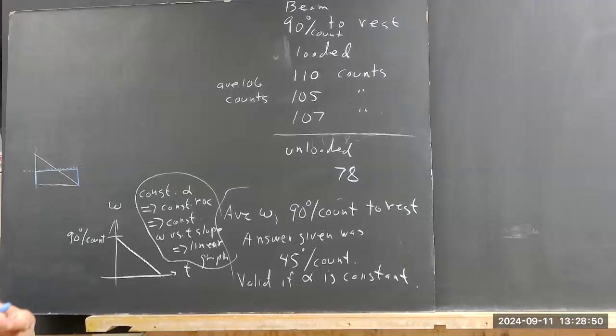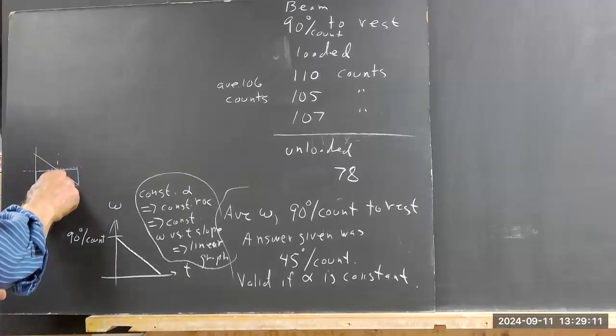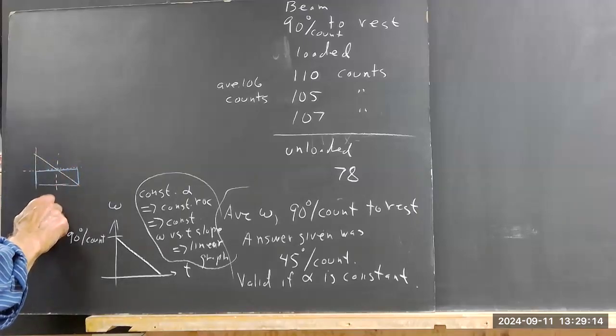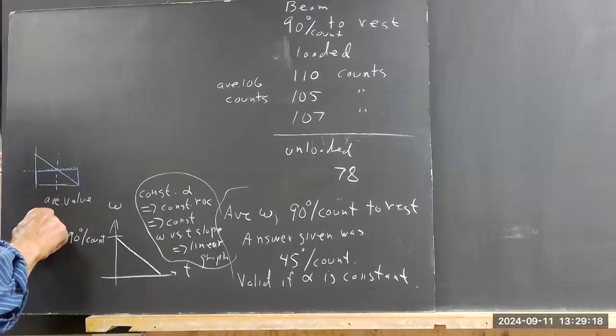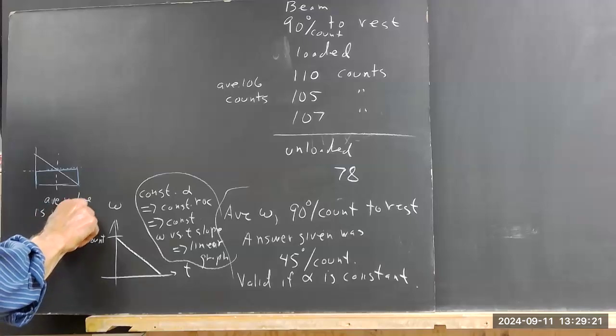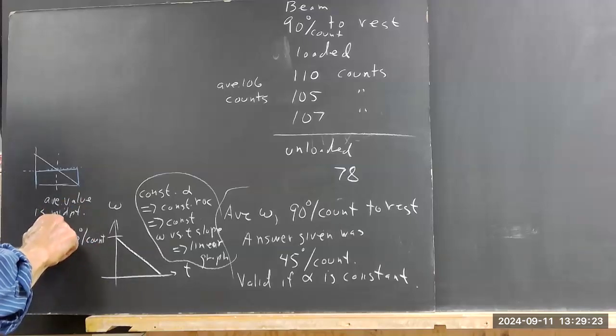In this case, this is a straight line graph, and that means that this triangle, which is outside the region that you're looking at, and this triangle, which is inside the region, should have equal areas. These triangles are congruent, so they're equal. It comes out that the average value is the value at the midpoint.